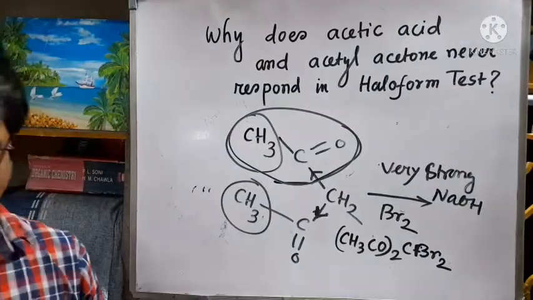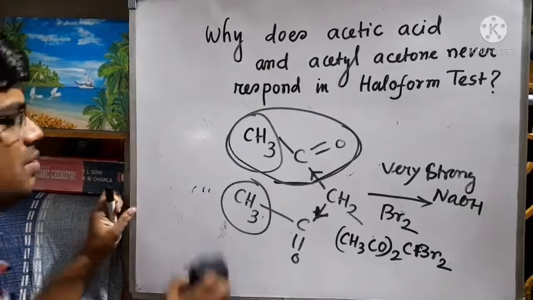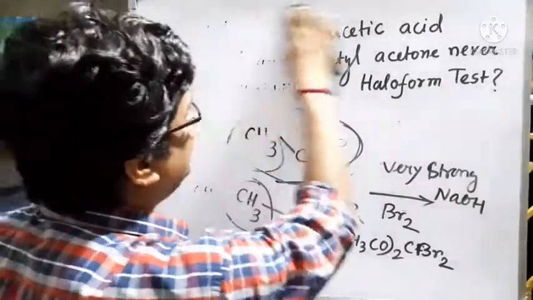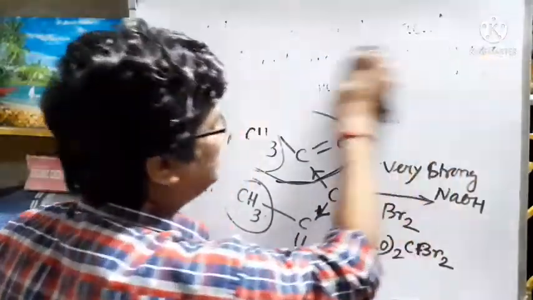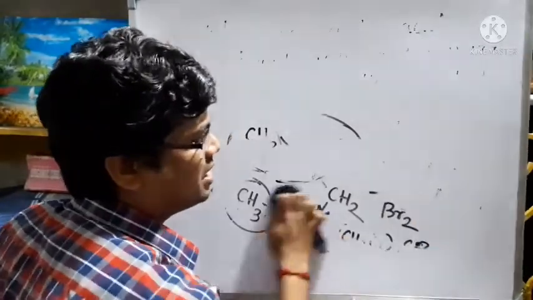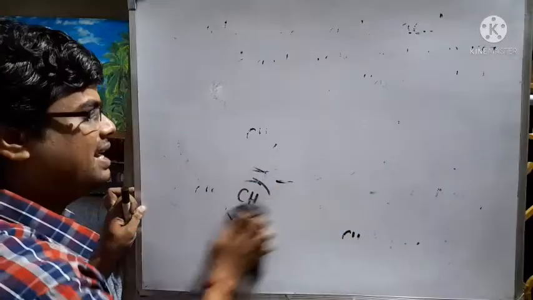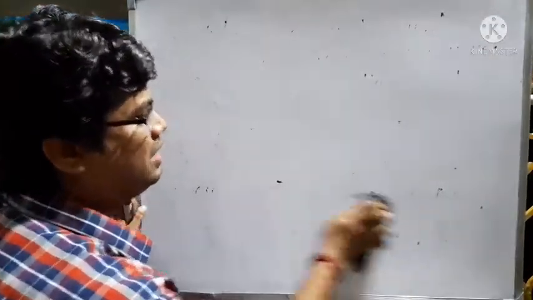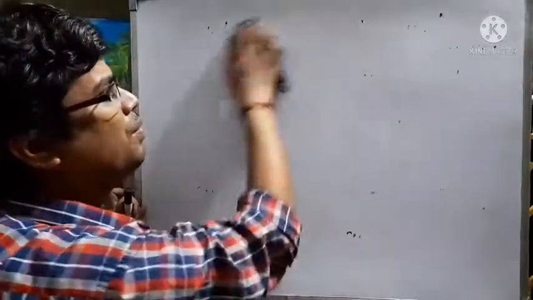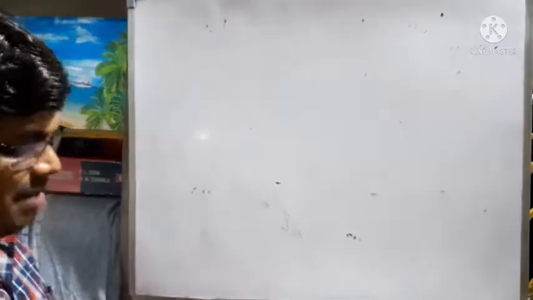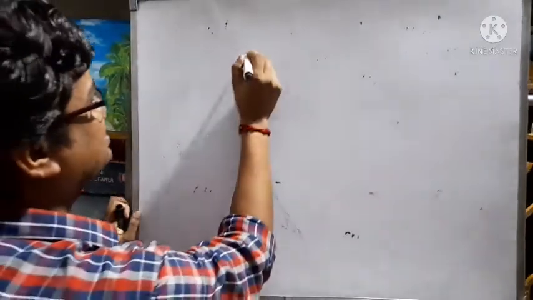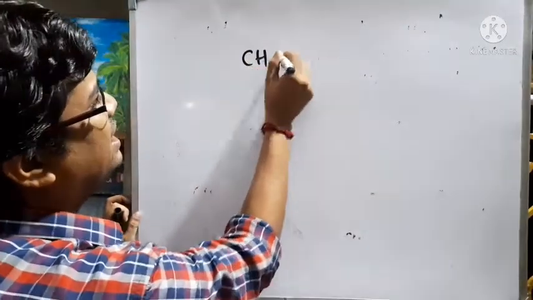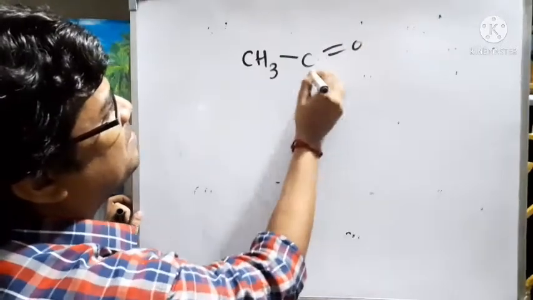Now once again we will discuss: excluding acetyl acetone, what about acetamide and other derivatives, acetic anhydride, acetyl chloride and so on? You will be amazed, you will be very surprised if you look into the detailed structure of acetamide.